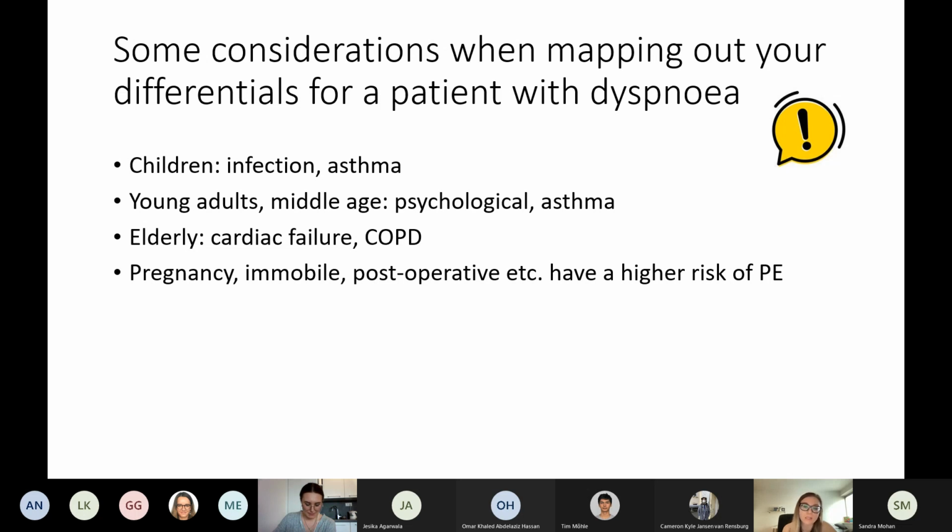With the elderly, it's more likely to be cardiac failure or COPD. And like we've spoken about before, in pregnancy, or if someone's been immobilized for long periods of time, for example hospitalized, or post-operative, then they have a higher risk of pulmonary embolism.